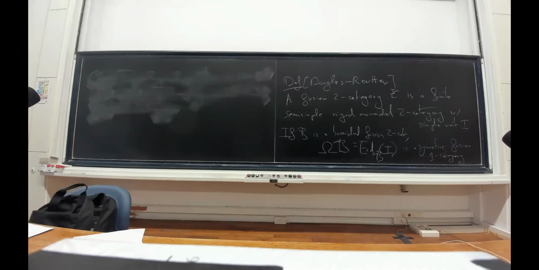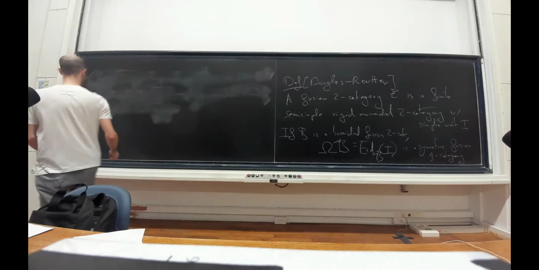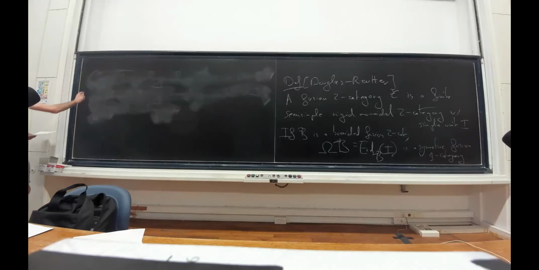Mathematically, this means you must be able to build a so-called G-crossed extension of your graded fusion category. And that's exactly what we're going to do, but one dimension higher.